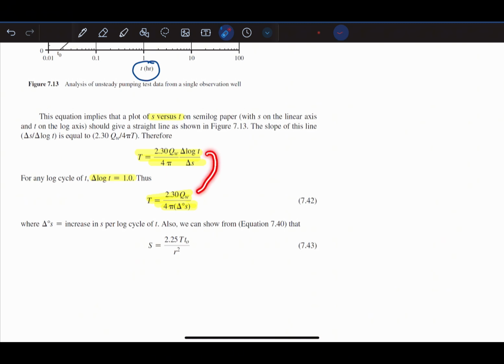So from this equation, we can get this final equation for transmissivity. And we are also required to find storage coefficient. And from equation 7.4, using log scales, we can get storage coefficient using this equation.